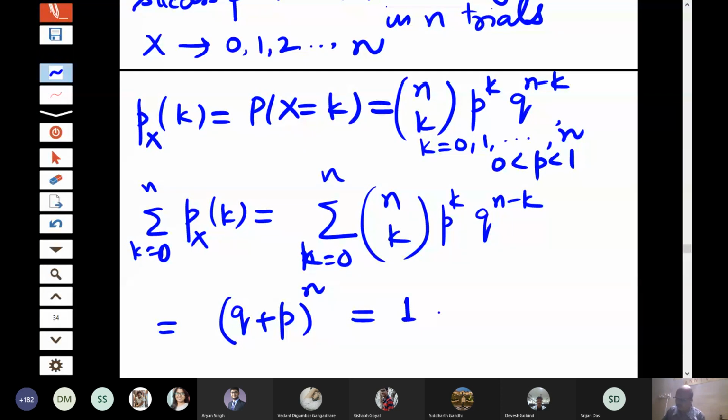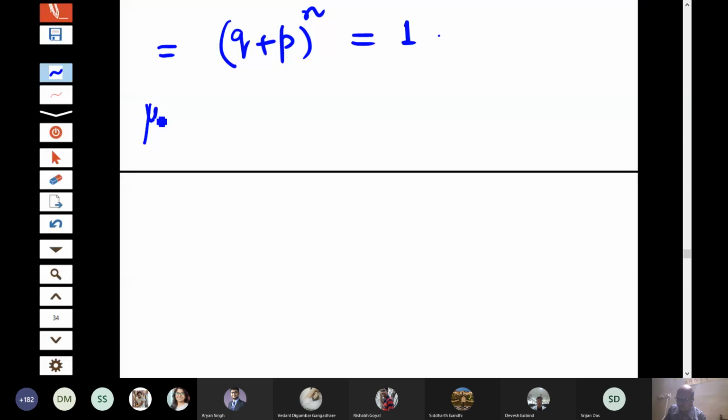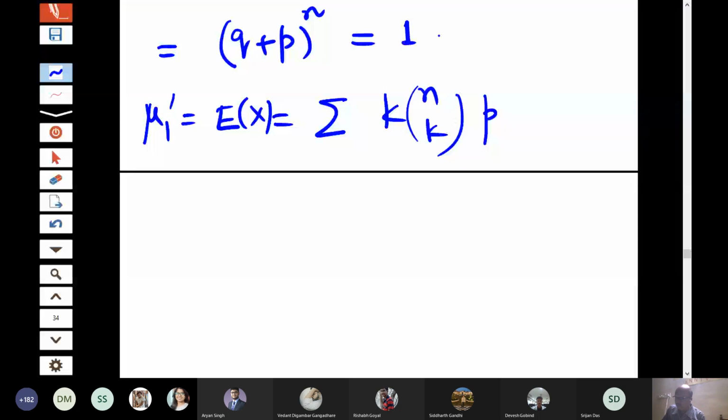If I want to calculate the moments here, and look at mu1 prime, then it is expectation of X, that is sigma k nCk p to the power k q to the power n minus k.